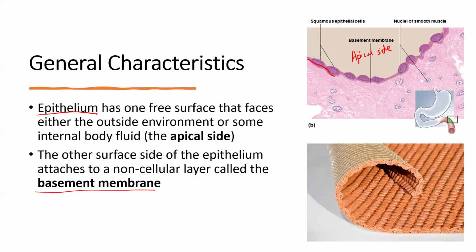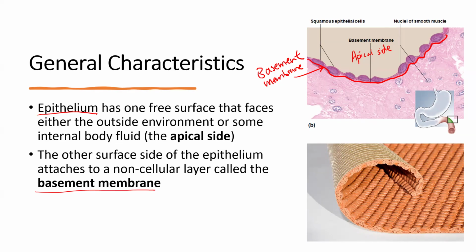And to glue things to the rest of the body, this outline I'm trying to draw right there, that's going to be the basement membrane. And this stuff here is just basically the rest of the organ that we're looking at.